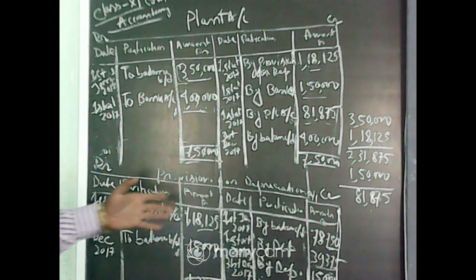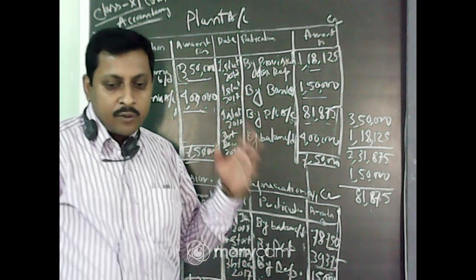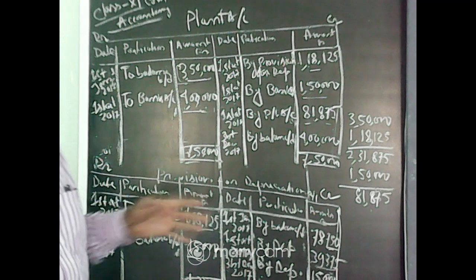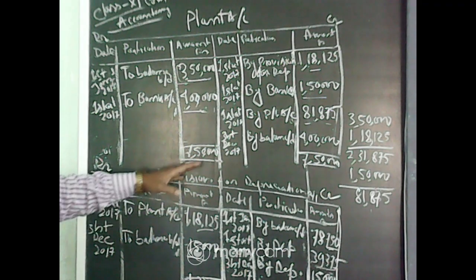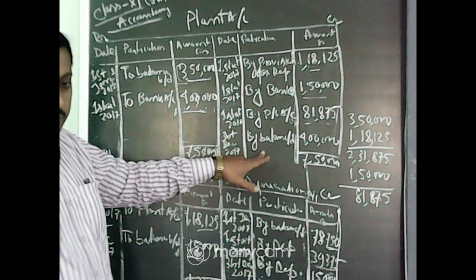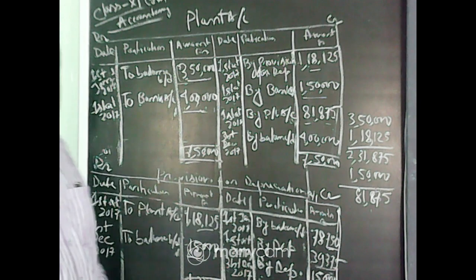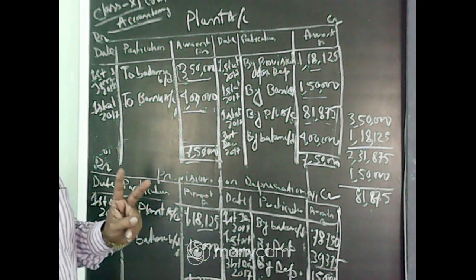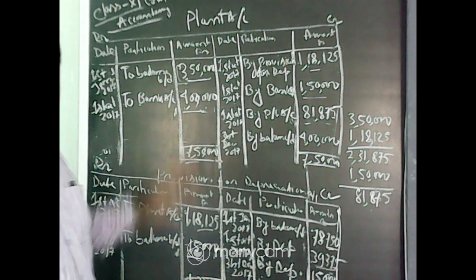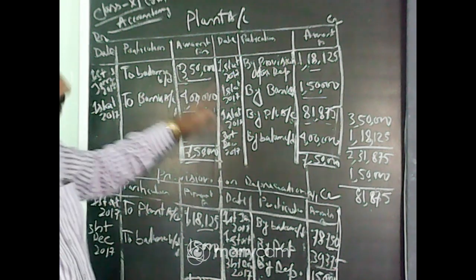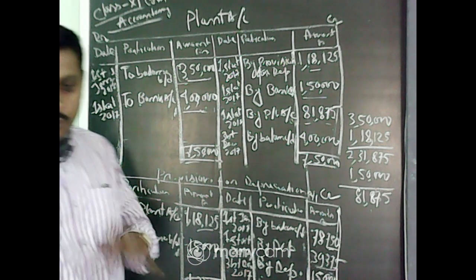And I also told you there are two methods to calculate depreciation: one is the straight line method and one is the diminishing balance method. We are following the straight line method here, according to the question given in your NCERT book.